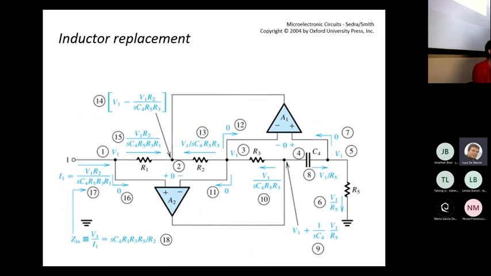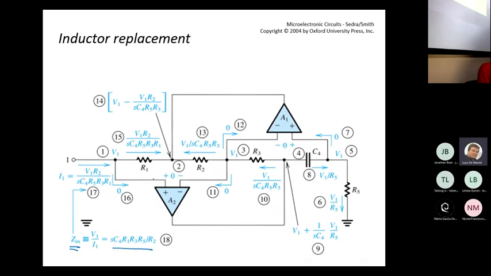Let's see how this inductor replacement works in practice, and why the impedance is indeed this expression here. It might be scary going through the analysis of all the circuit, but indeed it's not that complicated, because we are assuming that the op-amp behavior is ideal.